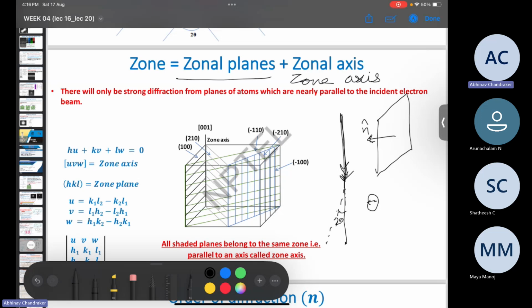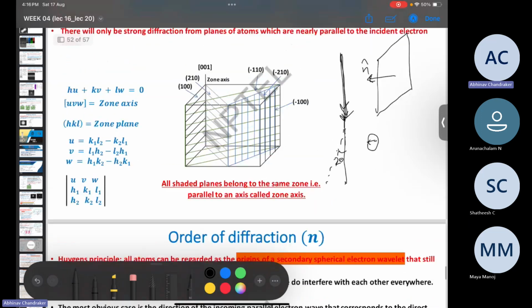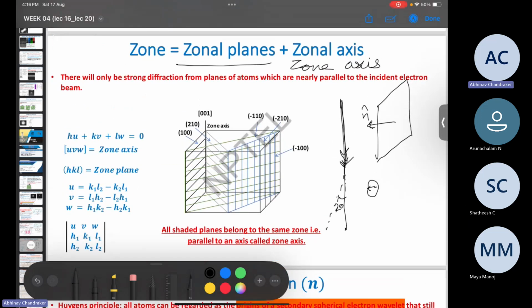I hope it is clear. So because electron diffraction involves very small diffraction angles, all the planes which tend to be almost parallel to the electron beam, or whose normals are perpendicular to the electron beam, tend to be able to diffract the electron beam, and as a result, they participate in the diffraction phenomena.